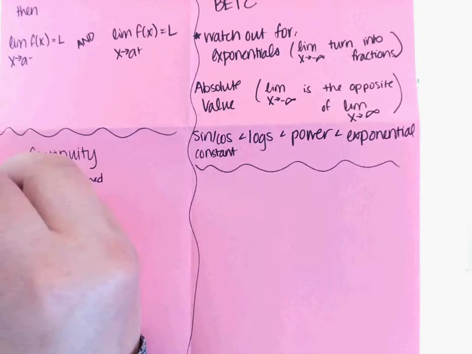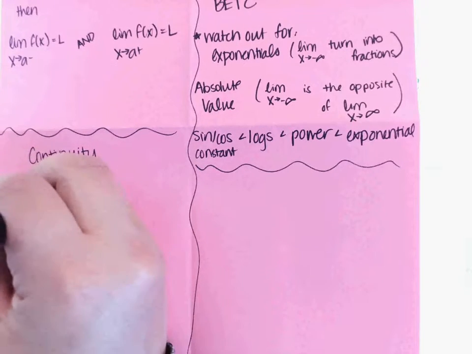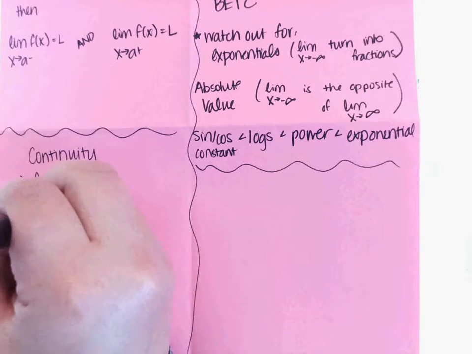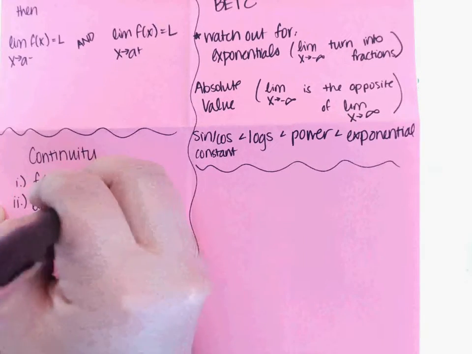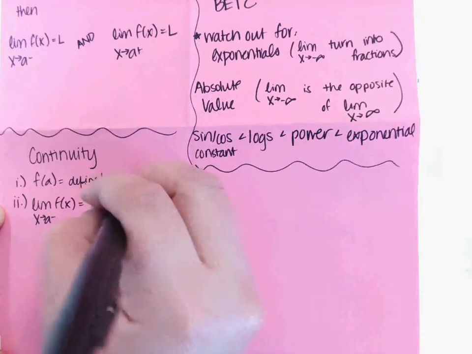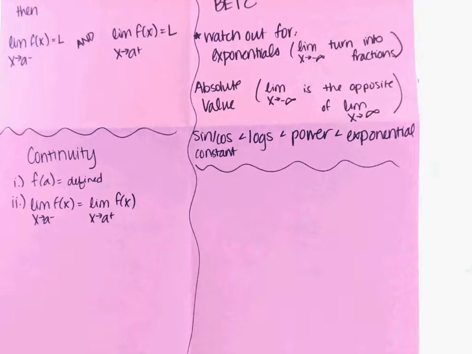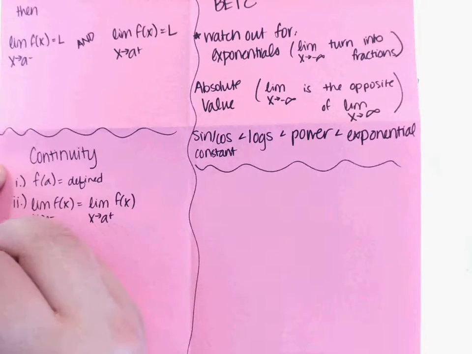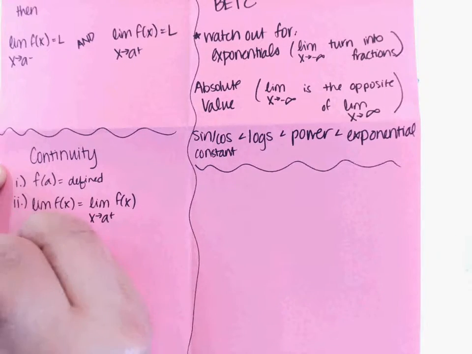The second thing that you check, the limit as x approaches a from the left, and the limit as x approaches a from the right. Those have to match each other. If those match each other, then I have a limit. So I have a y value in part 1. I have a limit in part 2. In part 3, those had to be what? Equal. Good.